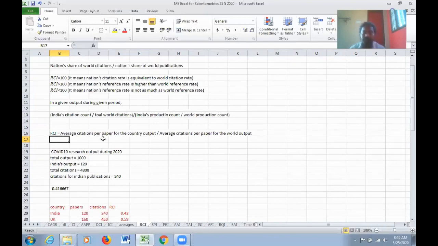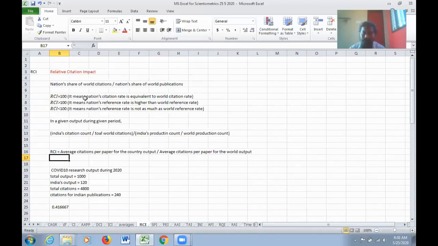If you want to calculate the relative citation impact of India, the formula is India's citation count divided by total world citations. This is the first portion. And the second part is India's production count divided by world production count. If you take these two and divide, you will get relative citation impact.